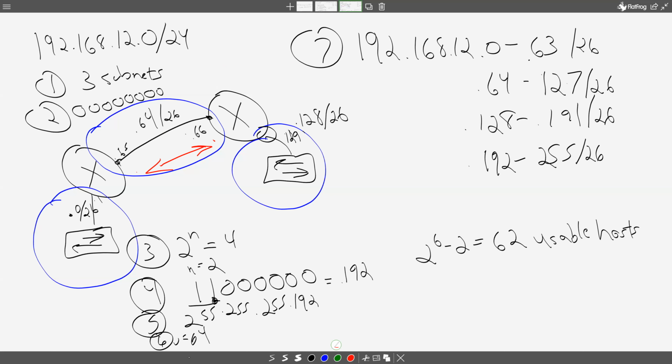So you are using a network of 62 usable host addresses, but you're using only 2 of the 62. So you're wasting 60 addresses right here. That's a huge waste. Wouldn't it be neat if we could do something not to have to waste those addresses?